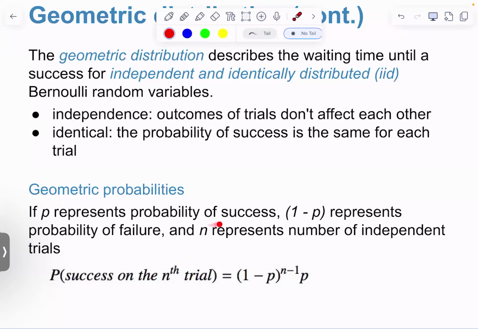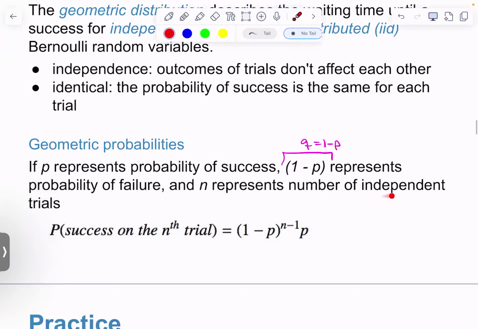If P represents the probability of success and 1 minus P, or shorthand Q for me, PQ is pretty common, represents the probability of failure, and N represents the number of independent trials, then the probability that the first success that you see is on the nth trial must be, you have N minus 1 failures, probability of failure to the power of N minus 1.